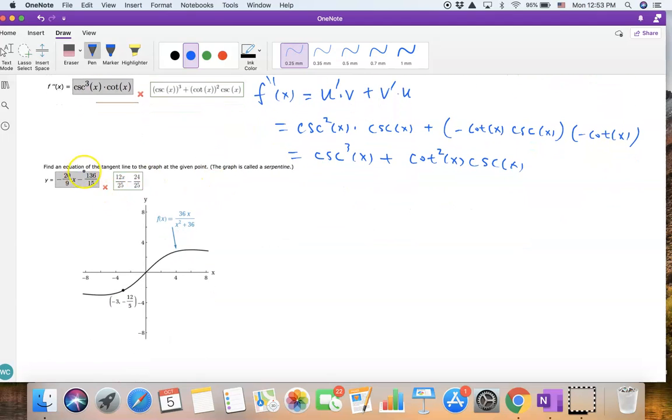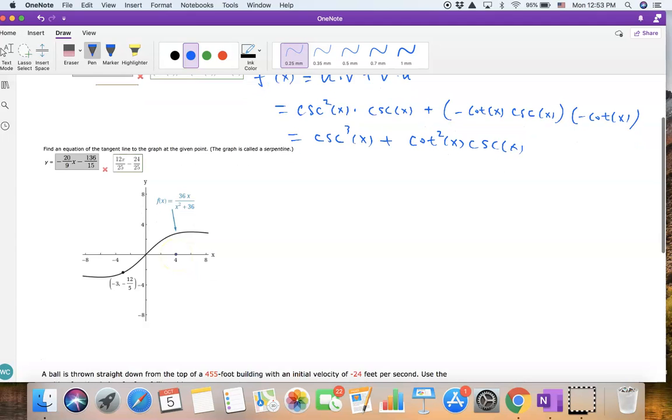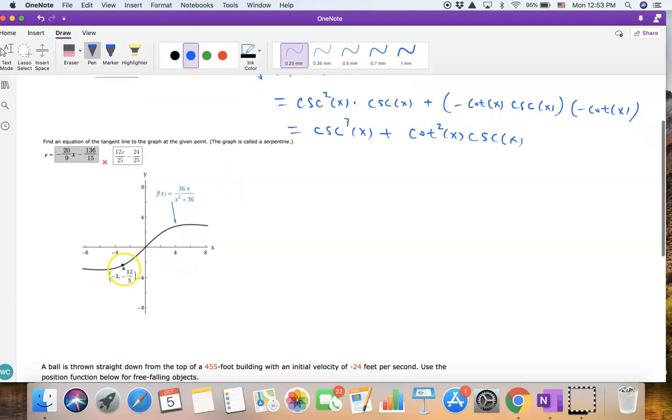For this question, we're looking for the equation of the tangent line to the graph at the given point. To find that, we just need to know the slope of the tangent line at this point. To find the slope, we take the derivative of this function.